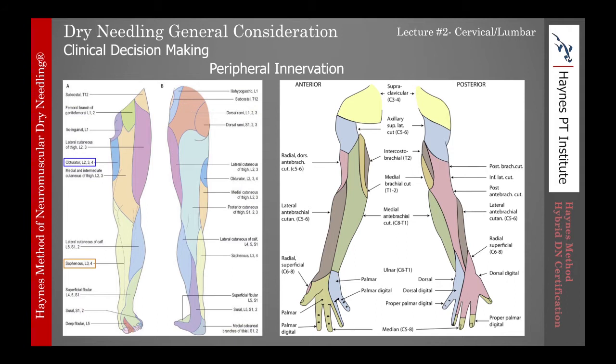So you have to make a differentiation between a dermatome pain pattern and a peripheral pain pattern, and that will give you an idea if you're just needling into that spinal region or if you're going to try to find that area of peripheral entrapment.